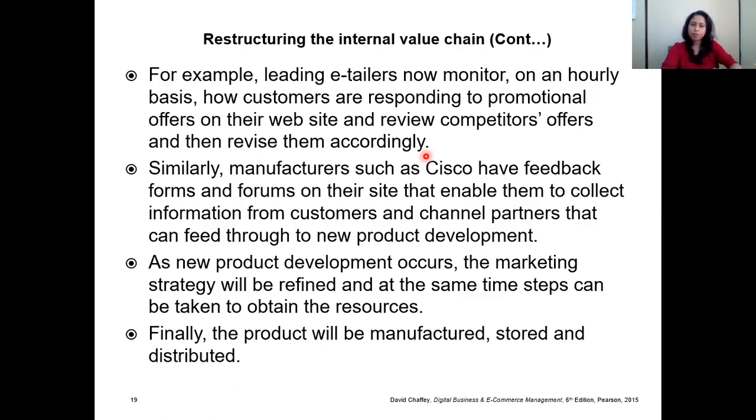And also, similarly, manufacturers such as Cisco have feedback forms and forums on their site that enable them to collect information from customers and channel partners. So this Cisco actually is operating in the technological domain, right?